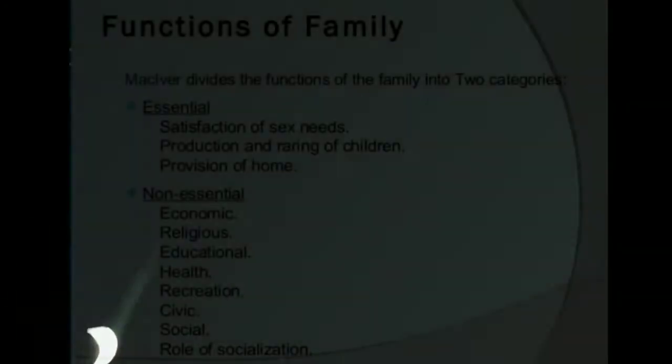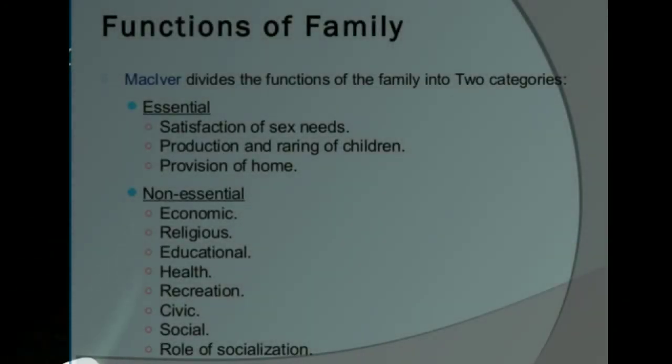Next, family functions. So what are family functions? Family functions are essential functions that are performed by family for the society, like socialization, procreation. There are so many sociologists and social psychologists who have given types of functions, but I have taken Mac Ivor's functions.